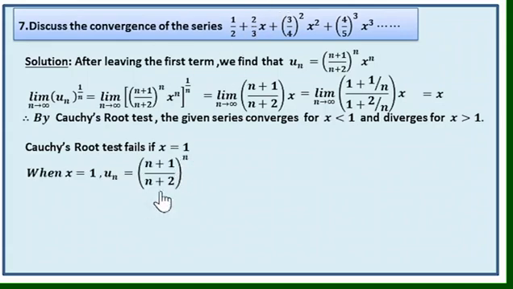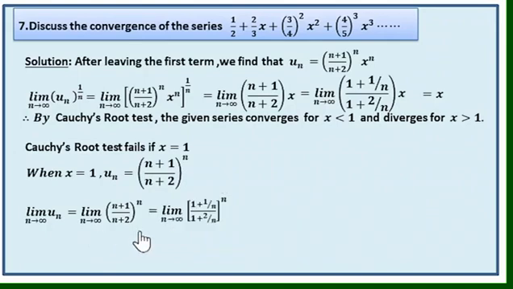What is un? Now when x is equal to 1, un is equal to n plus 1 by n plus 2 whole to the power n into 1 power n, that is n plus 1 by n plus 2 whole to the power n. Find the limit of un as n tends to infinity, that is limit of n plus 1 by n plus 2 whole power n as n tends to infinity.